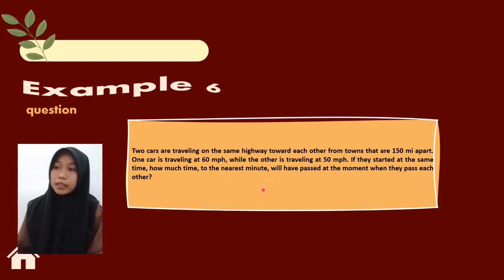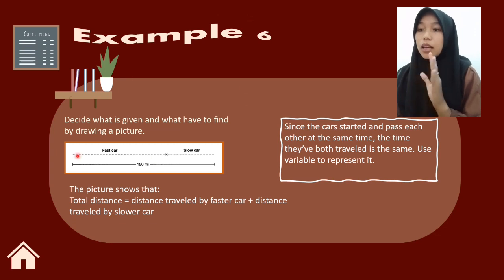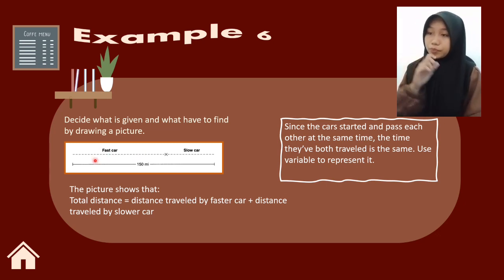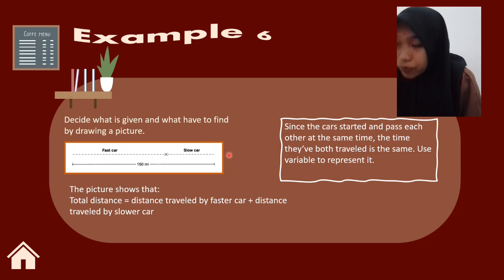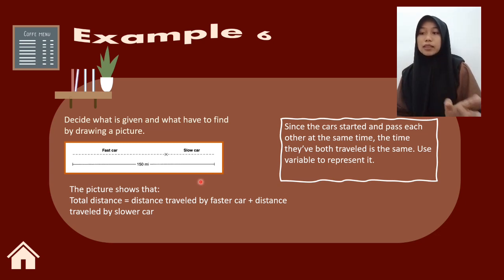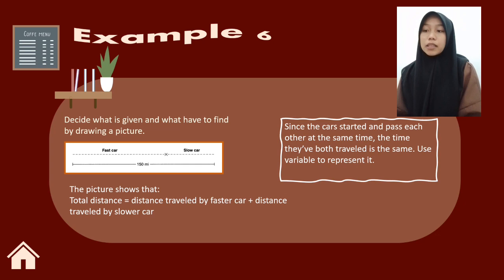This is the solution. Decide what is given and what we have to find by drawing a picture. This is the fast car and this is the slow car and this is the 150 mi. The picture shows that total distance equals distance traveled by the faster car plus distance traveled by the slower car.